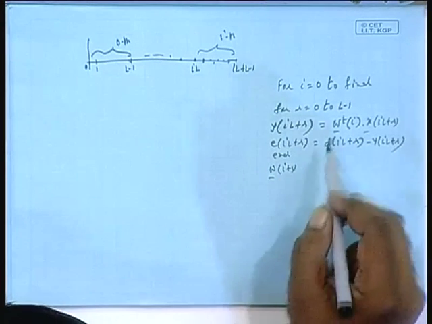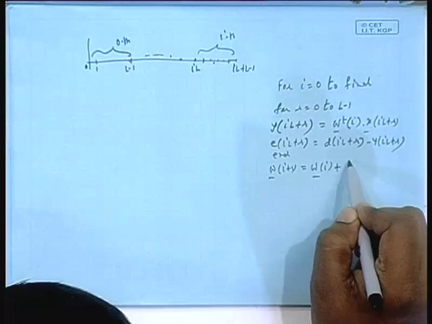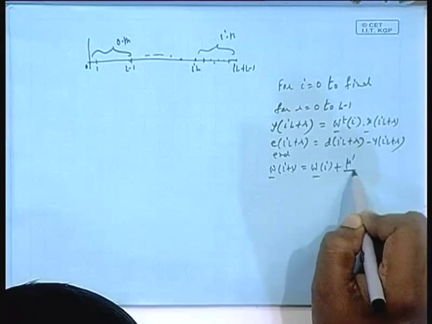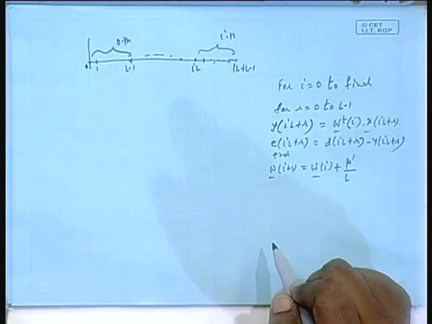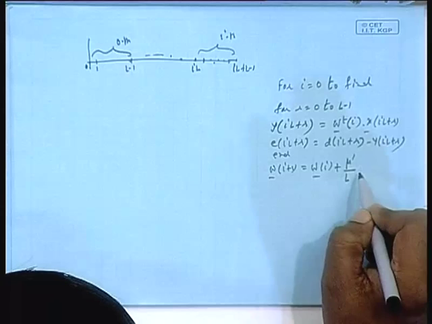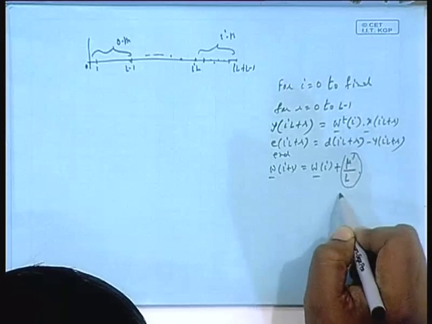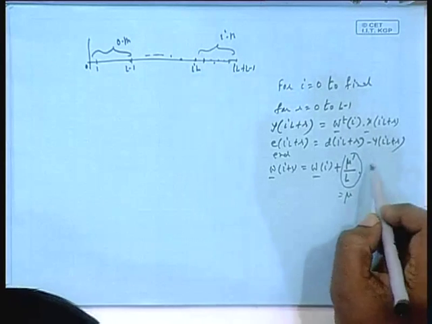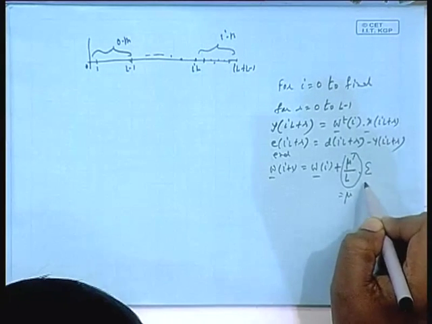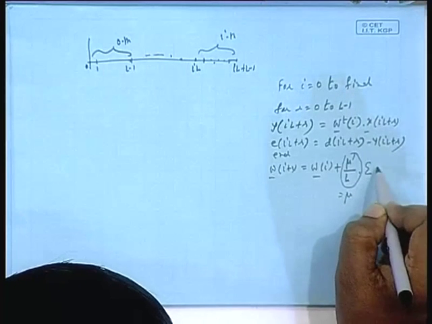That starts at W of i plus, yesterday we have said it is some mu prime by L. Mu prime by L into this entire quantity you can rename as some mu, into there is a summation. So, you need more computation actually, there is a summation. The summation was over what?